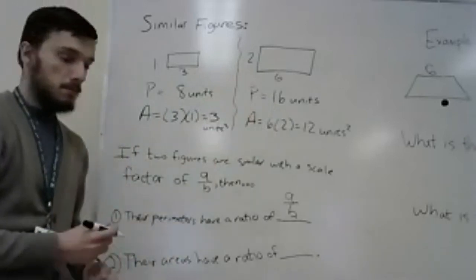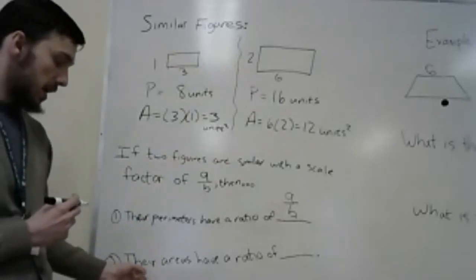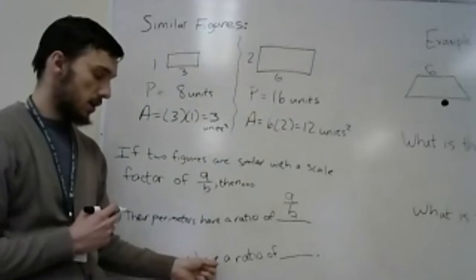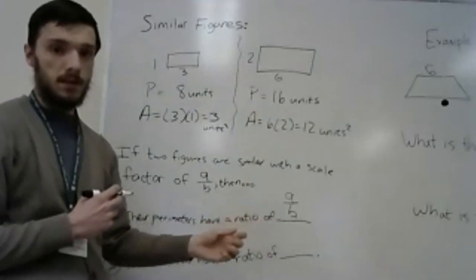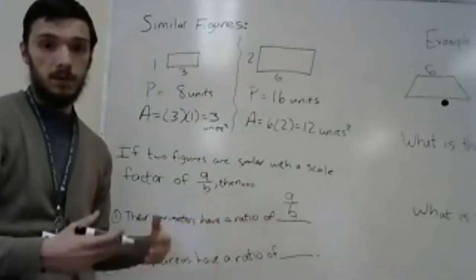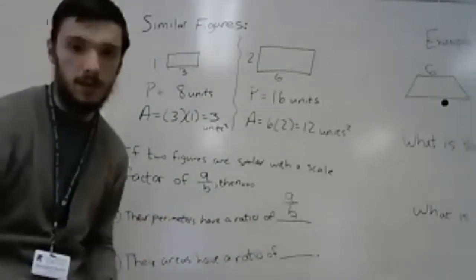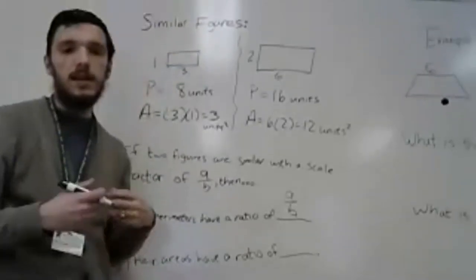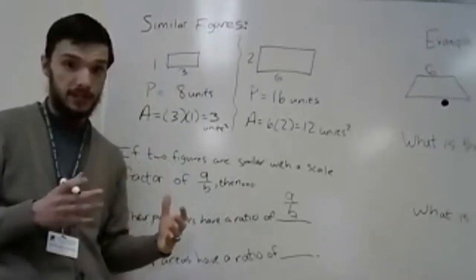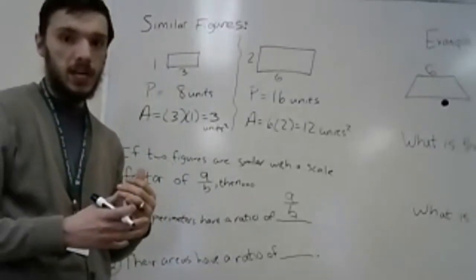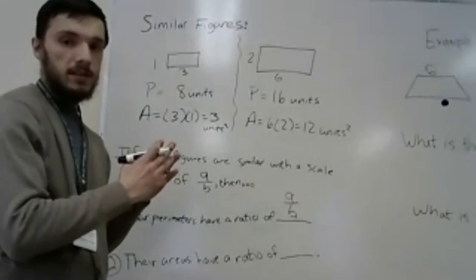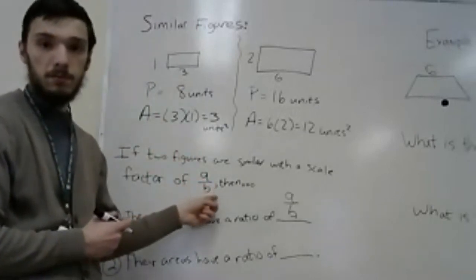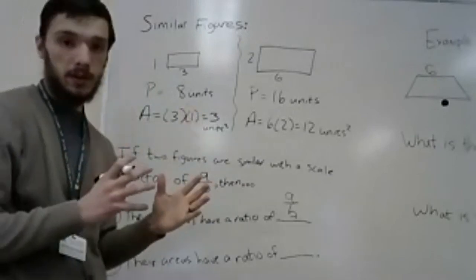Now the ratio of the areas of our similar figures is going to be their scale factor, represented by A over B, squared.